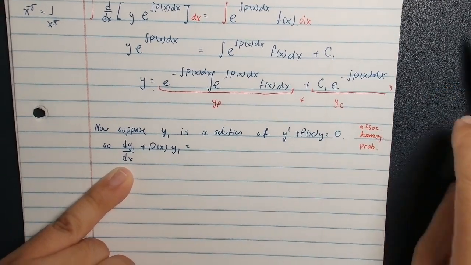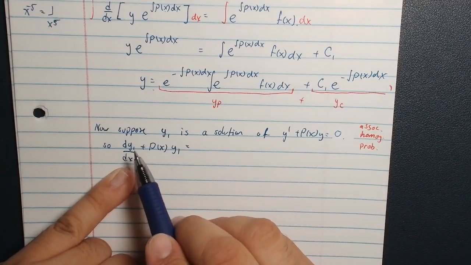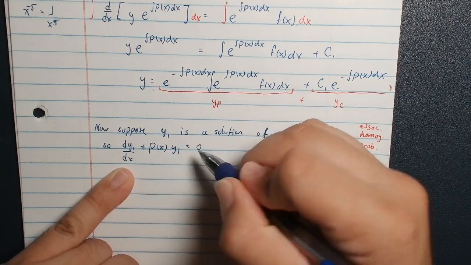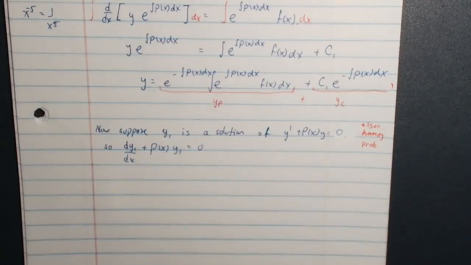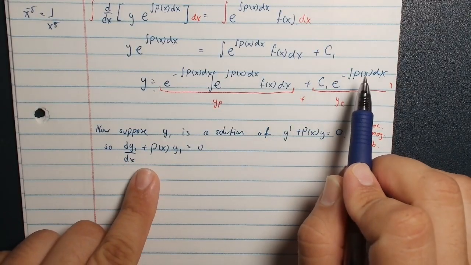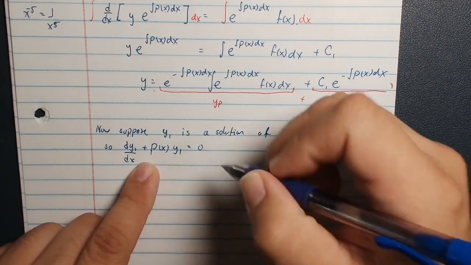All right, well, then that means that if we take that y1 and plug it in, we get the derivative of y1 plus p(x) times y1 should equal 0. Now, it's easy enough to show that this factor works here. You can actually just take this, plug it in, and you'll get 0.